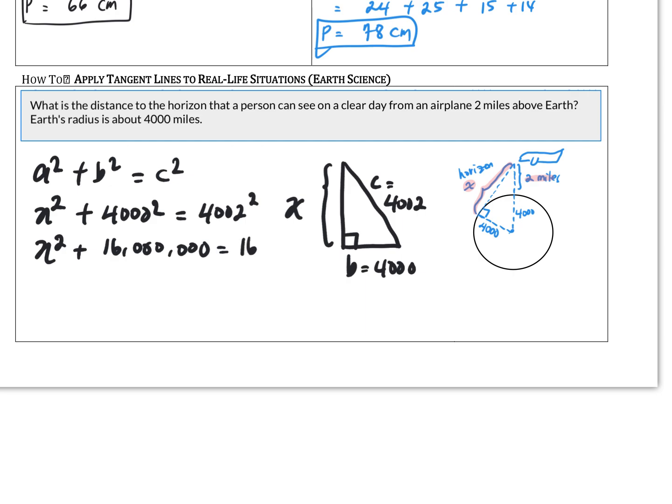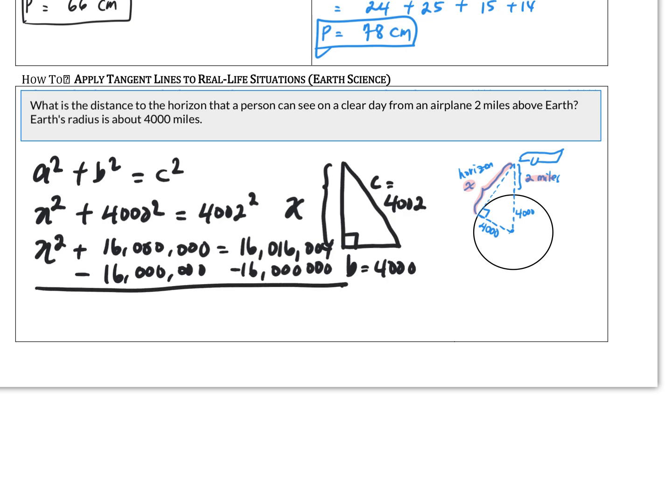It's going to give you 16,016,004. Now we're going to remove minus 16 million here, and on the other side the same thing, minus 16 million. So what is left here is going to give me my x squared.